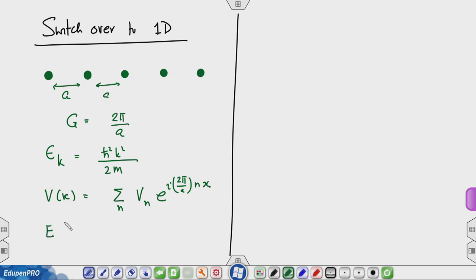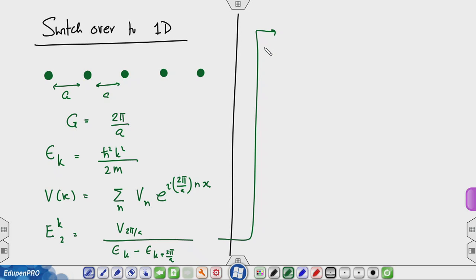the second order change in the energy of k is going to be V 2 pi by a over epsilon k minus epsilon k plus 2 pi by a, or so I am going this way.